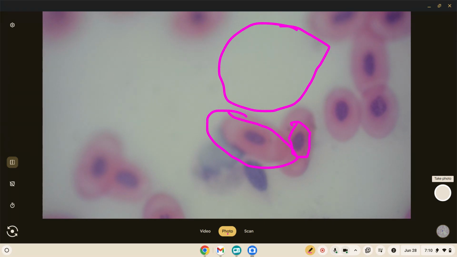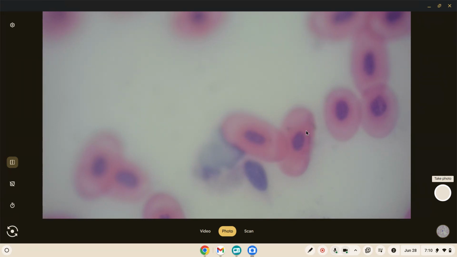Something's going on here. What is actually happening is the fact that frog blood cells have a nucleus. It's that little thing in the center of them.